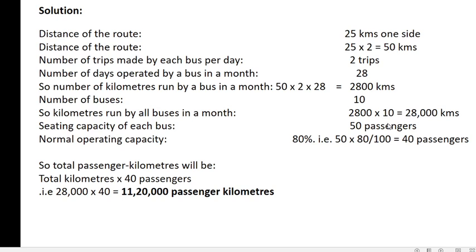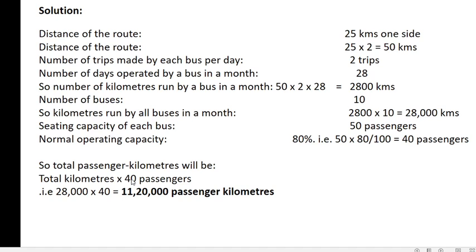Seating capacity of the bus is 50 passengers. Normal operating capacity is 80%. So 50 into 80 by 100 is 40 passengers. So total passenger kilometer will be total kilometers into number of passengers.